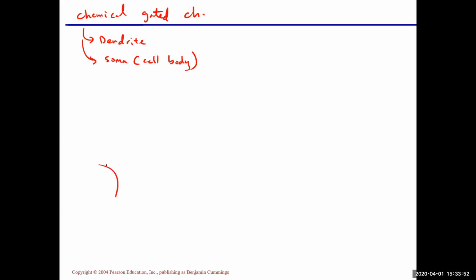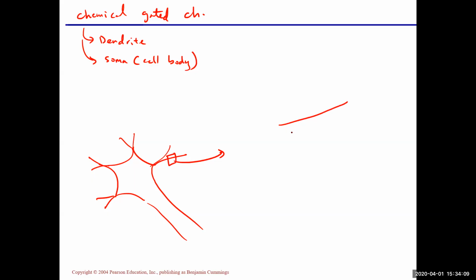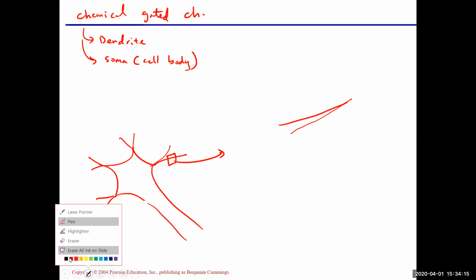So if you have a particular nerve, the dendrites are the long extensions, the receptive parts, and the soma and everything. So we go ahead and take a look and enlarge this part. You see something like this, for example, and you could have chemical gated channels in there.